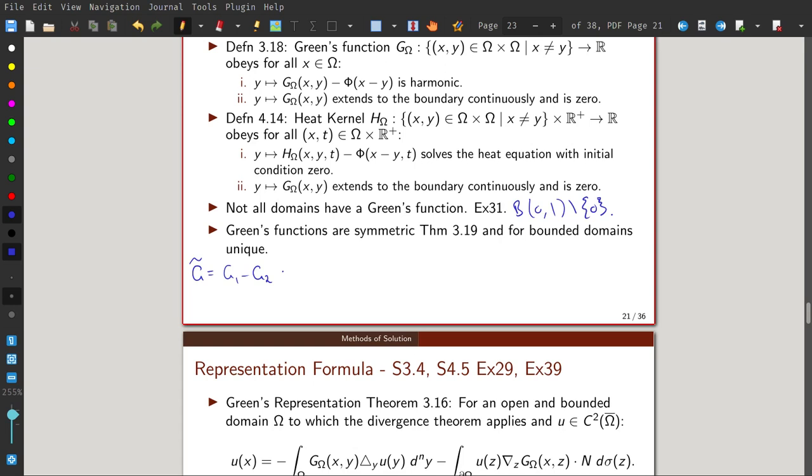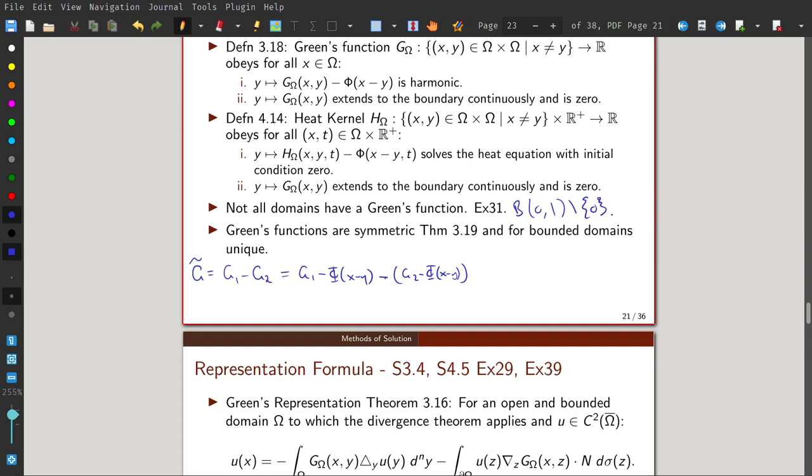Now, what we can do is we can look at G1 minus the fundamental solution of x minus y, minus G2 minus the fundamental solution of x minus y, like this.